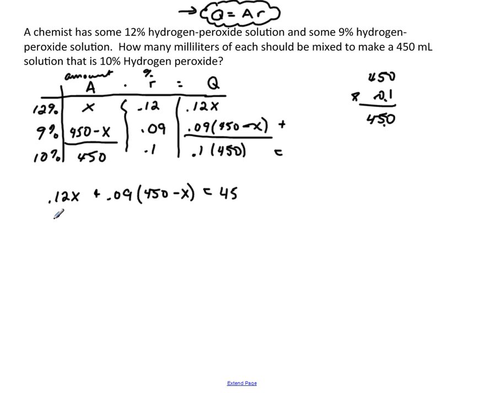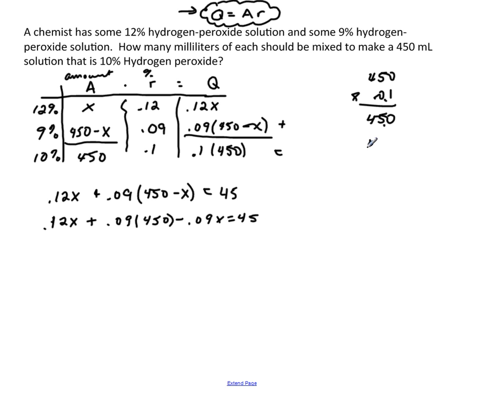All right, let's work through the problem. We're going to take 0.12x plus 0.09 times 450 minus 0.09x will equal 45. Well, we need to do a little bit more simplification. Let's work this out.